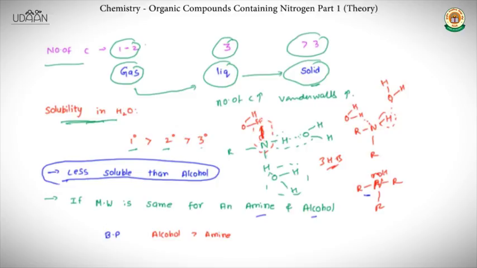This is because hydrogen bonding in the case of alcohol is much greater, because as we all know, oxygen is much more electronegative than nitrogen. So, hydrogen bonding is more effective in the case of oxygen. As a result of it, this alcohol has a higher boiling point.